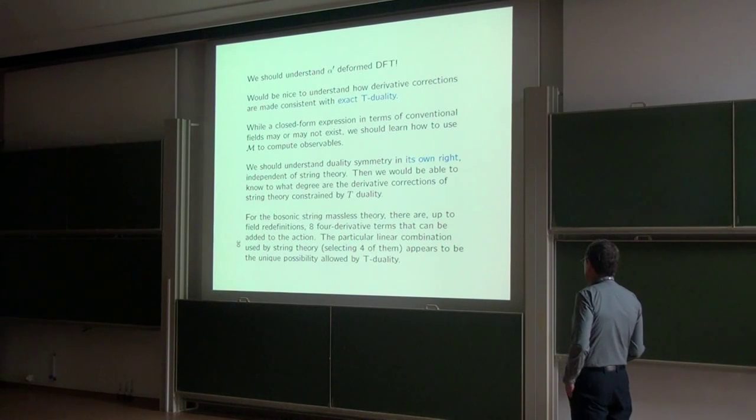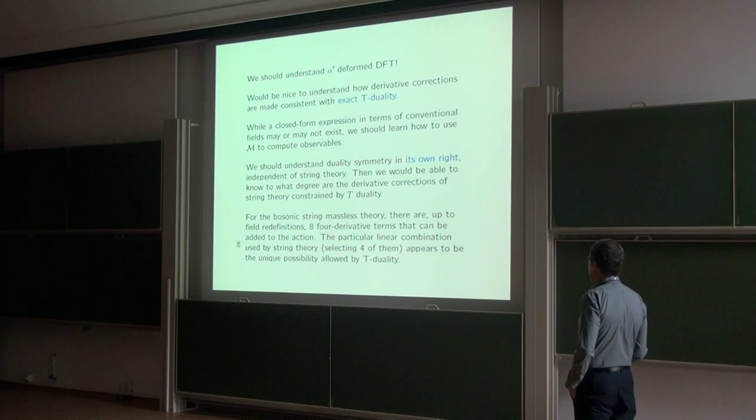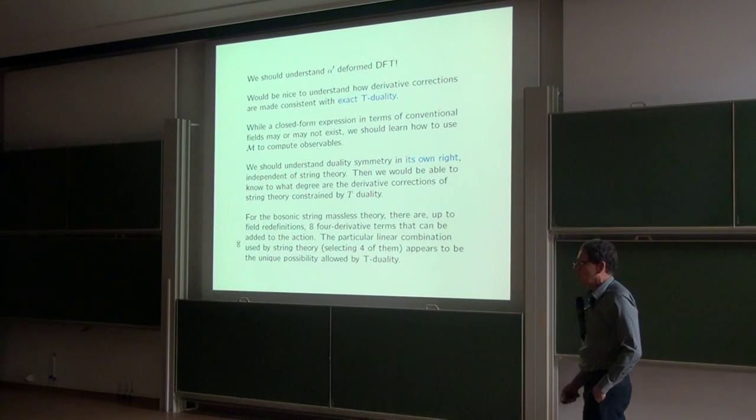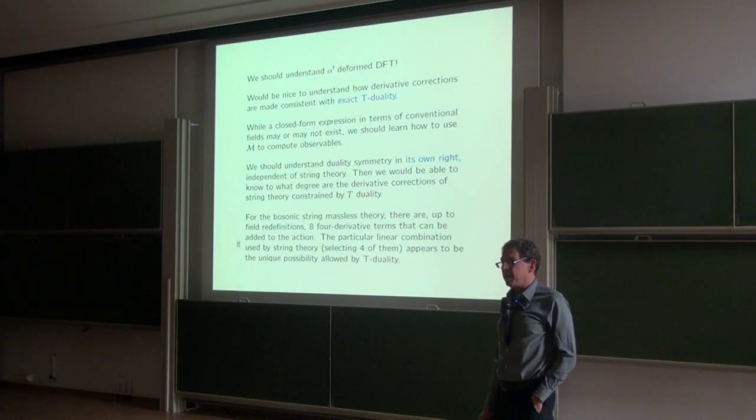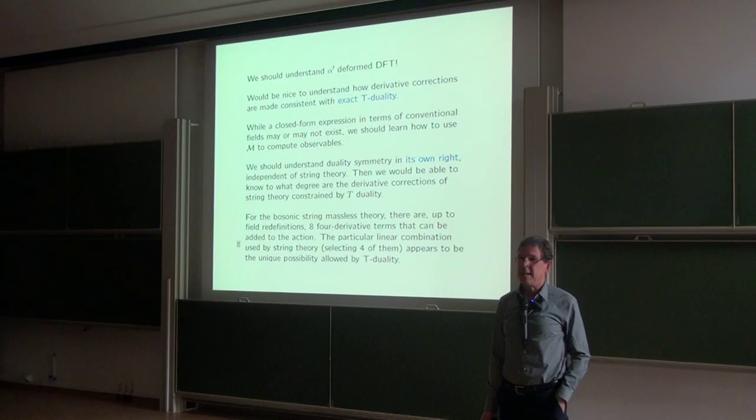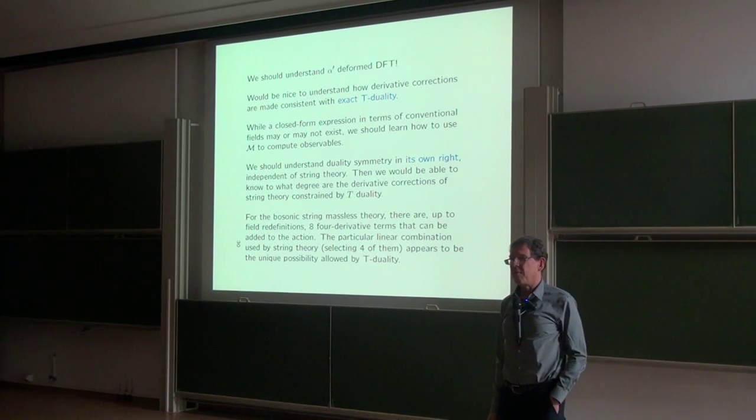The particular linear combination that string theory uses involves 4 of these terms in some particular combination, and in fact appears to be the only possibility allowed by T-duality. So T-duality apparently fixes completely the first order alpha prime corrections of the bosonic string.